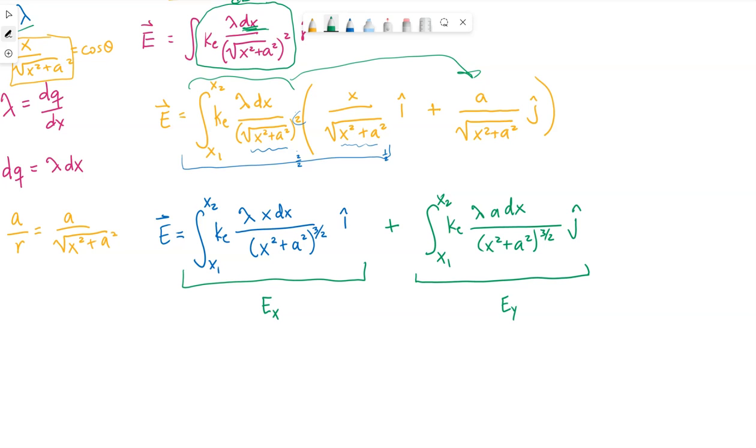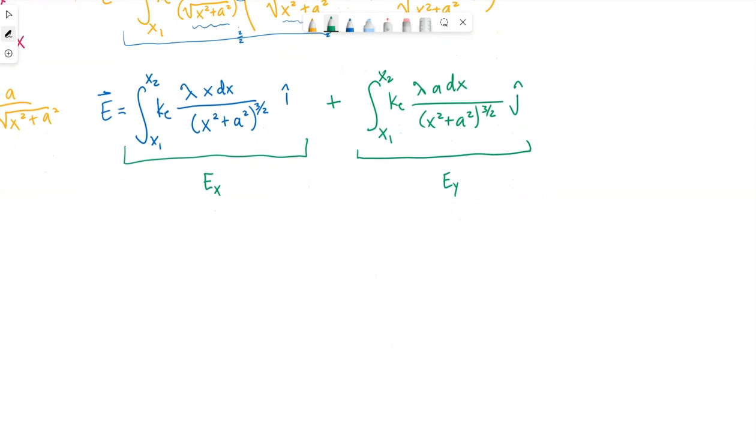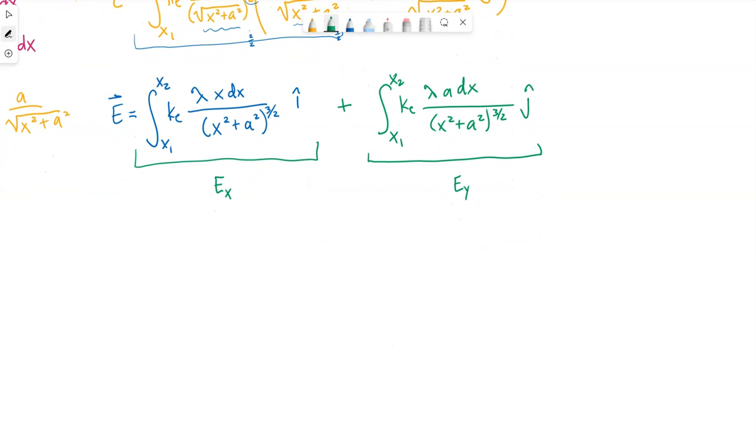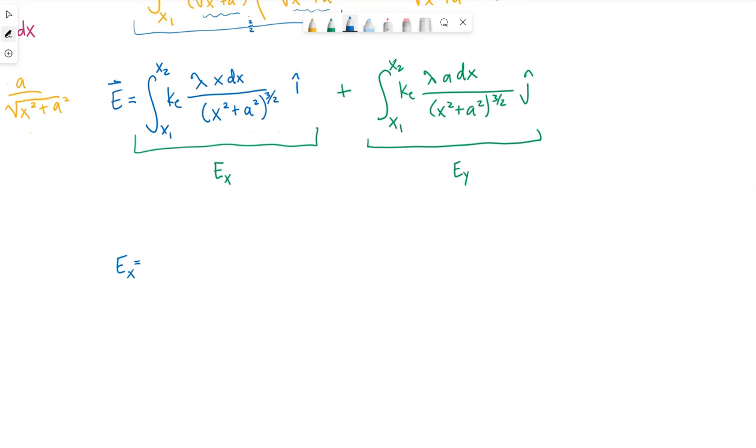Okay. As far as the integral that needs to be done for the x component, if lambda is uniform, then I can pull out not only k, but I can pull out lambda.